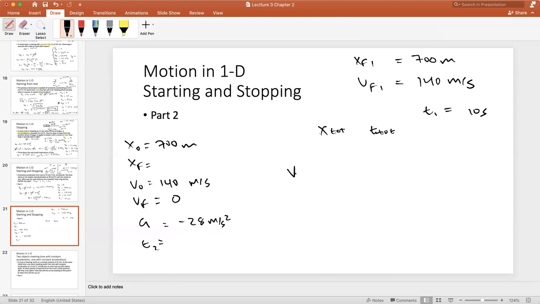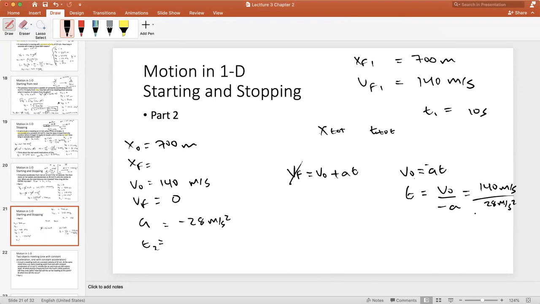Let's find T2 first. V final is v initial plus AT. V final is 0, and therefore I get v initial is AT with a minus sign because I move AT over, or T is v initial over minus A. V naught is 140 meters per second, and negative A is negative negative 28 meters per second squared.